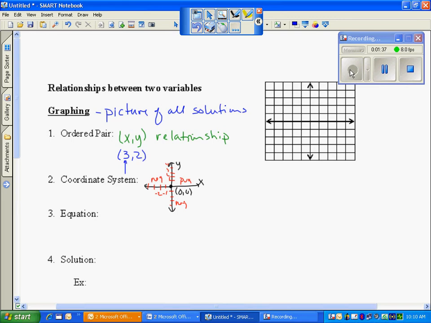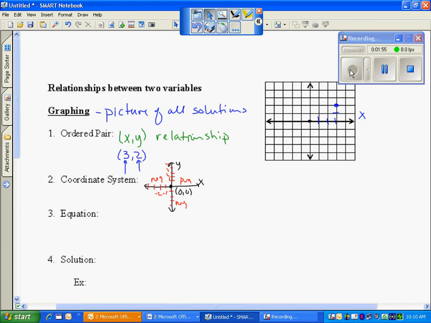On my x-axis, I went over 3, and on my y-axis, go up 2 from that point. My origin 0, 0 is where I always start, and then I move right 3 and up 2.